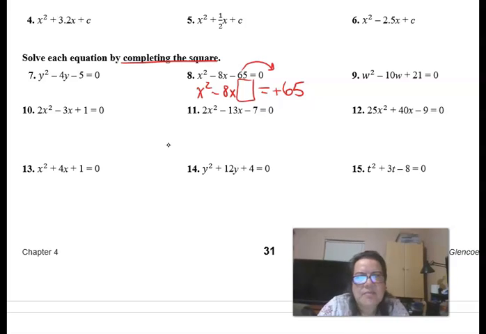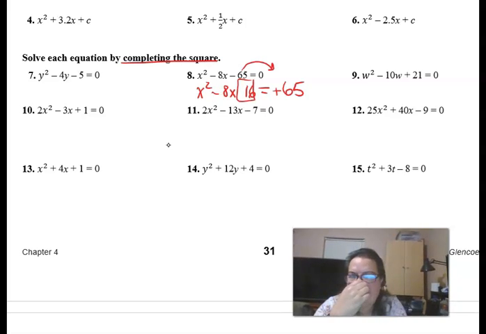So 4 squared, 16. Now you have to be a little careful here because this is a negative 8, not positive. If I do negative 4 times negative 4, I get a positive 16. Negative 4 plus negative 4, I get that negative 8. So yay, I think I found what I need.